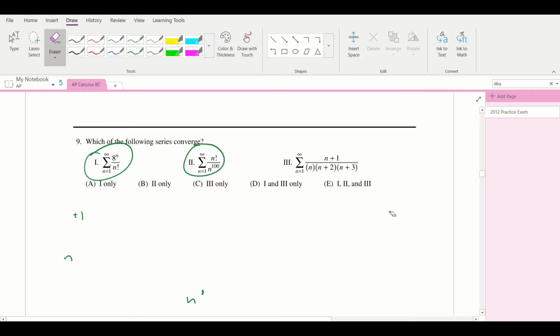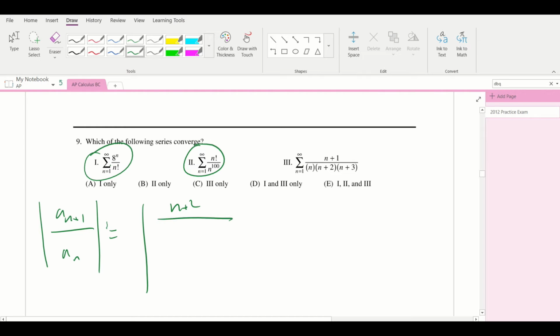All right. Okay, so for number 3, I believe we can still use the ratio test. So we have a sub n plus 1 over a sub n. And this is equal to, right, a sub n plus 1, this is just n plus 2 over, sorry, n plus 2 over n plus 1, n plus 3, and n plus 4 over n plus 1, n plus 2, n plus 3.